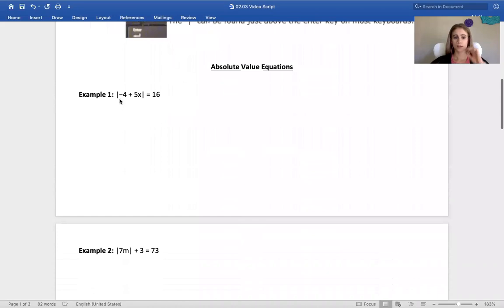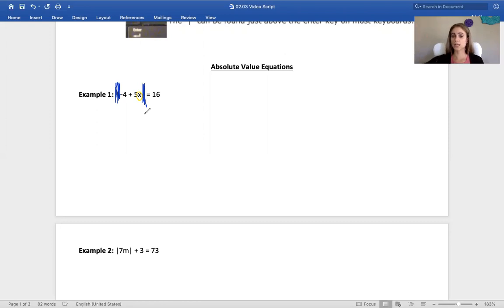So I see here that I have the absolute value of -4 plus 5x is equal to 16. Because it's an equation, I'll make these absolute values a little bit easier to see. I'm trying to find what value of x will result in me getting the absolute value of 16.